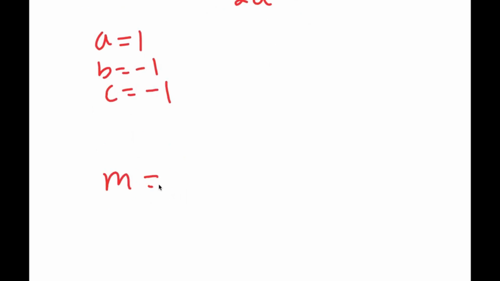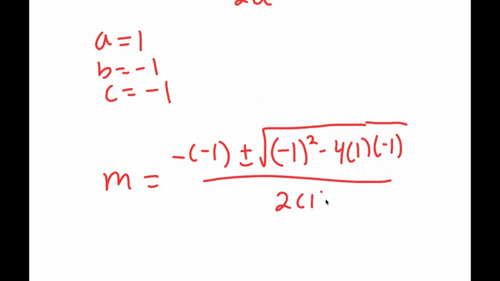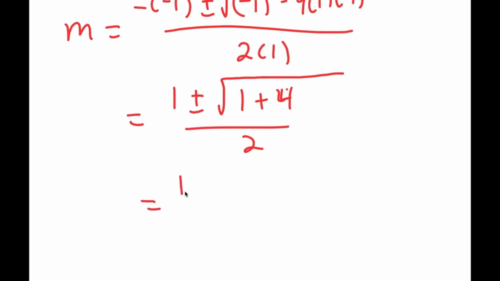So I get m is equal to negative of -1 plus or minus the square root of -1 squared minus 4a, which is 1, times c, which is -1, all over 2a, so 2 times 1. And this turns into positive 1 plus or minus the square root of plus 4 over 2, which is equal to 1 plus or minus the square root of 5 over 2.